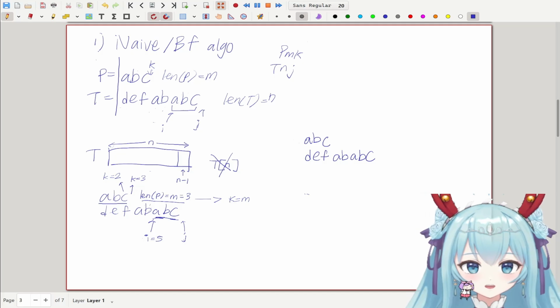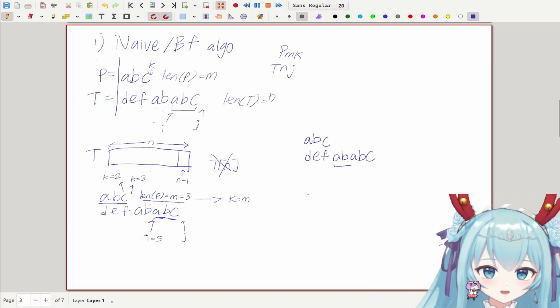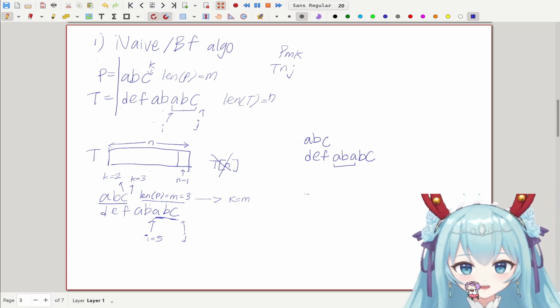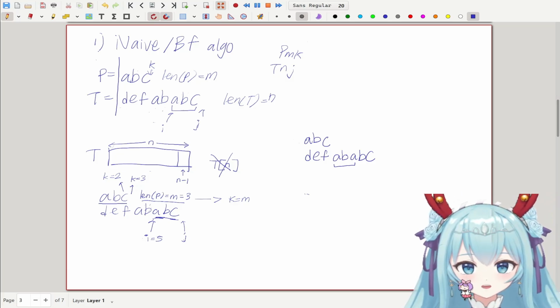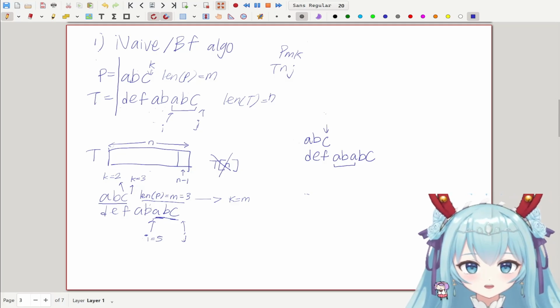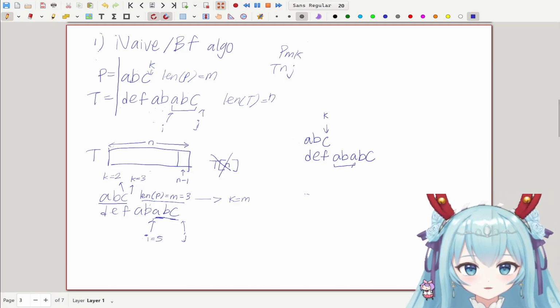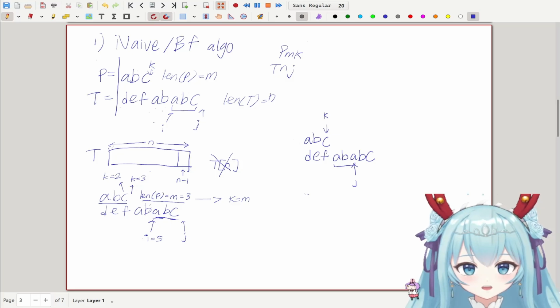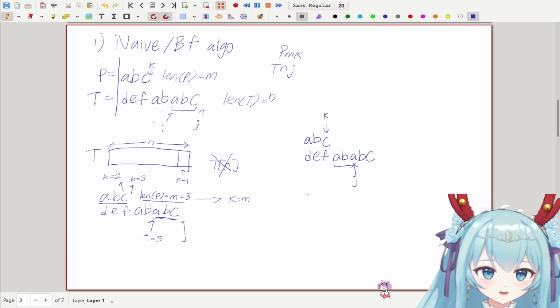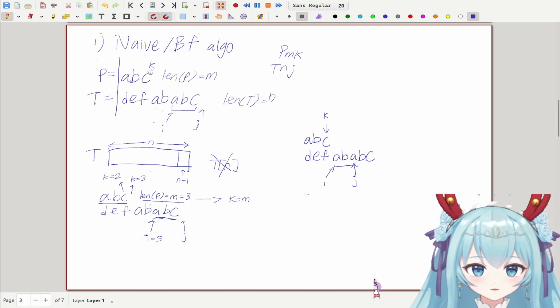Okay, let's say we are over here. And so A, B, but then C and A don't match, right? So at this point in time, J will be here. J will always be here. But obviously the two characters don't match. And remember the I is here.